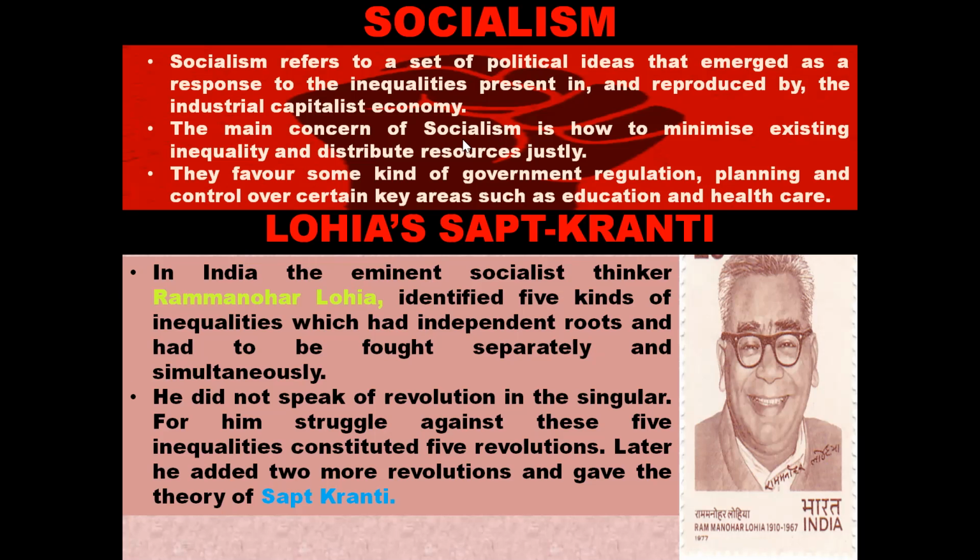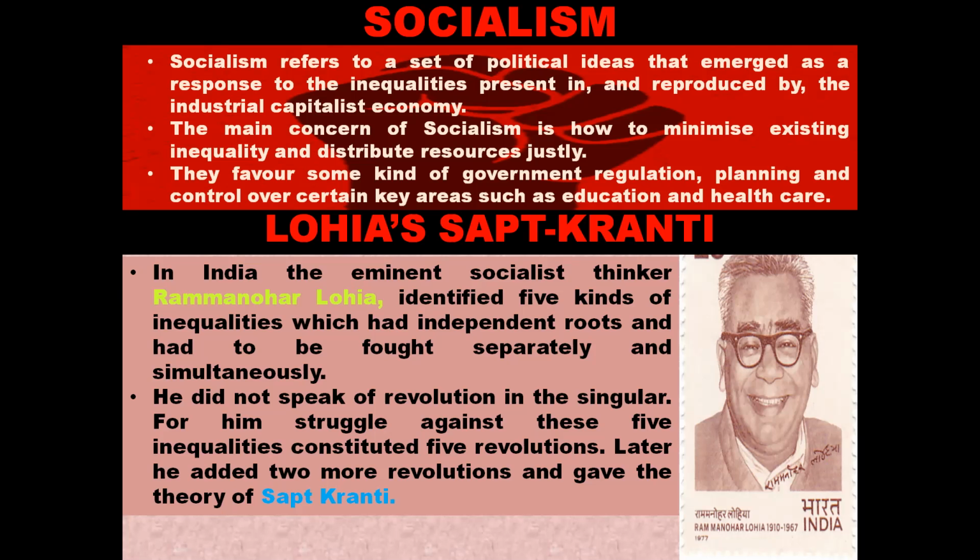This socialism was reframed by an Indian socialist thinker, that is Ram Manohar Lohia. He identified 5 kinds of inequalities which had independent roots and had to be fought separately and simultaneously. ठीक है? These 5 kinds of inequalities कौन सी थी? Inequalities based on color, skin के ऊपर, ठीक है?